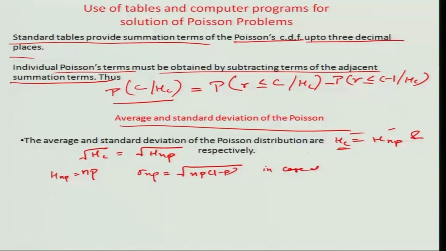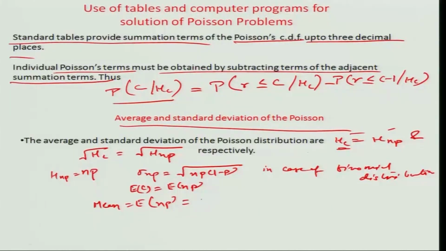In this particular case it is a limiting case where E of c is equal to E of np. So, obviously the mean in the Poisson's distribution would be the mathematical expectation of np, which in the binomial terms is again the value np.